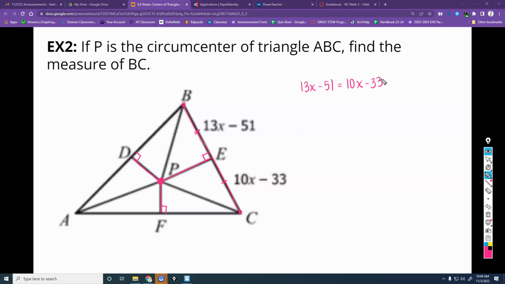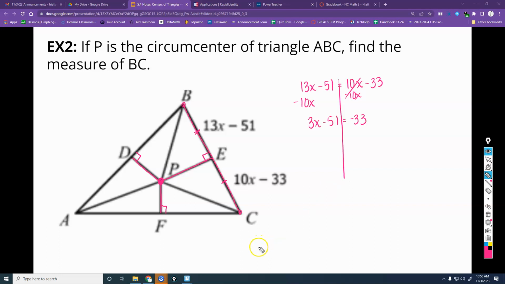So, Carlos, if I want to solve that equation, what do I need to do? Good. And how am I going to do that? Okay. And to move it to the other side, what have I got to do? Subtract. So I'll subtract 10x there. So I'll get 3x minus 51 equals negative 33. William, what would I do next?